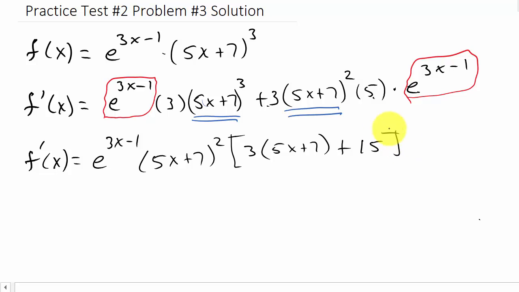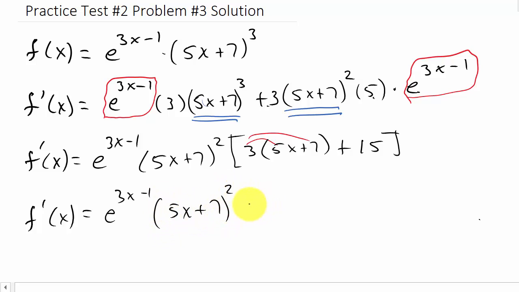Now we've got f prime of x is equal to, so here we need to distribute the 3. That's going to be e to the 3x minus 1 times 5x plus 7 squared times 15x plus 21 plus 15.